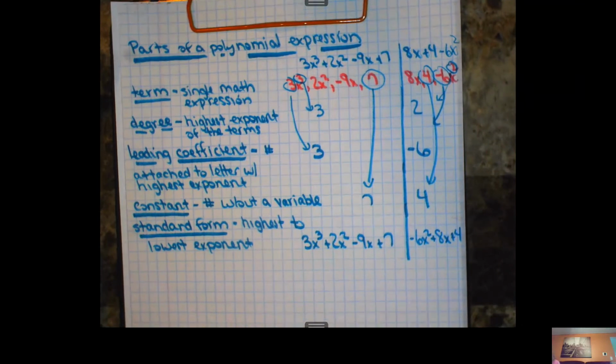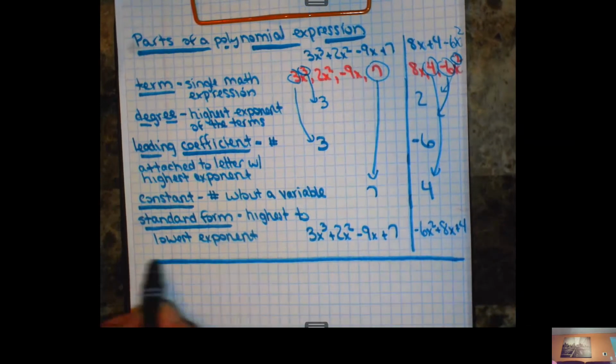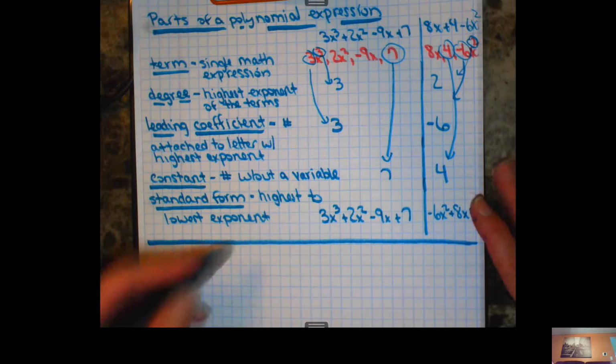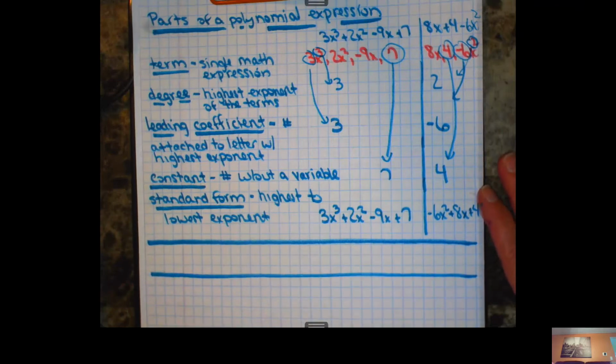Now I just want to do some examples that you'll see in your classwork, so I'm just going to make a quick chart. You might want to follow me first before you write this. We're going to have 5 columns.